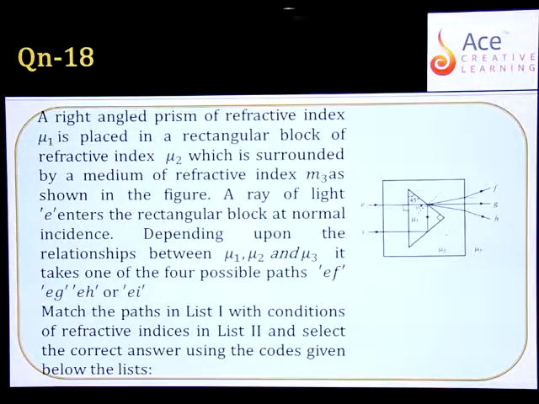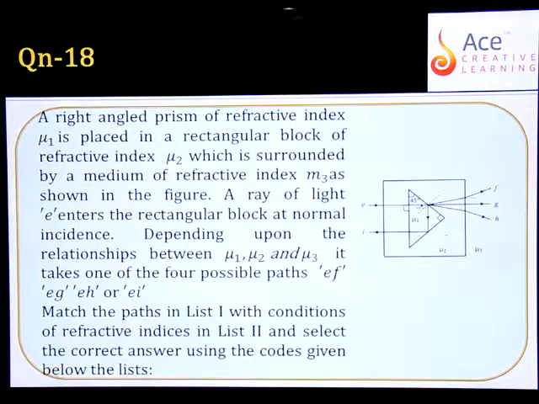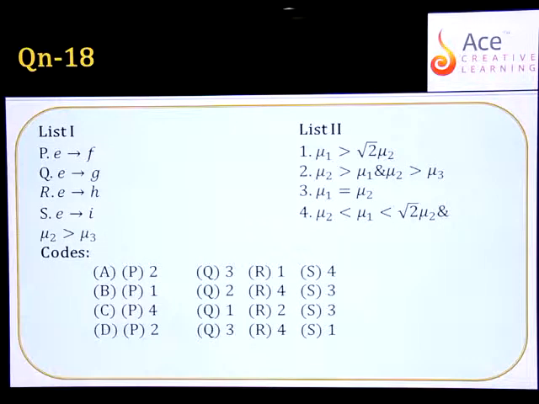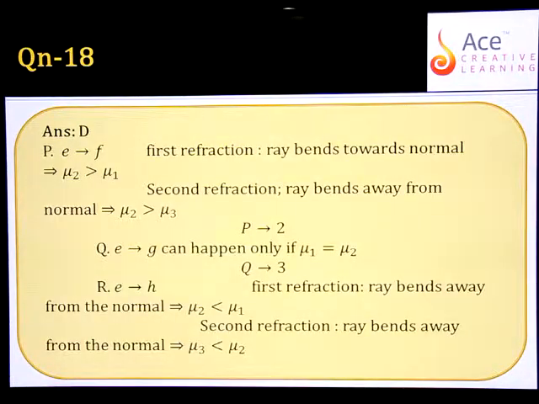Question number 18, optics. The correct option is D. If you consider E to F, ray bends towards the normal in the first refraction, so mu2 greater than mu1. Second refraction, ray bends away from the normal. So option 2 is correct. E to G can happen only if mu1 is equal to mu2.